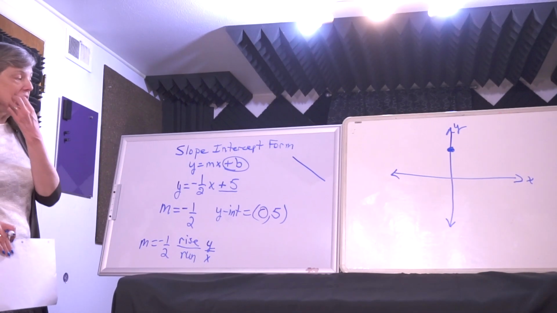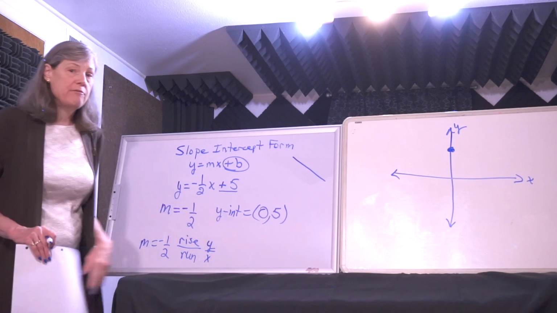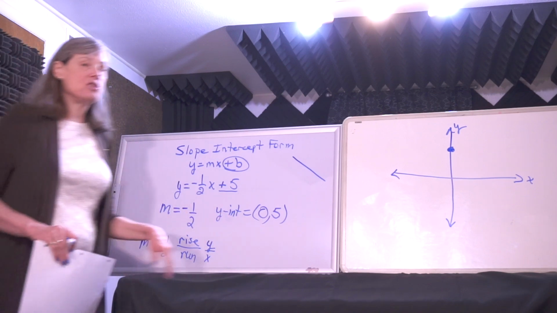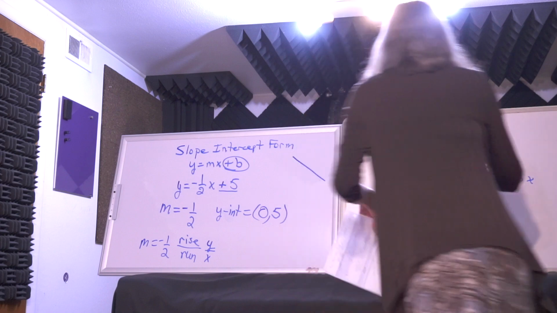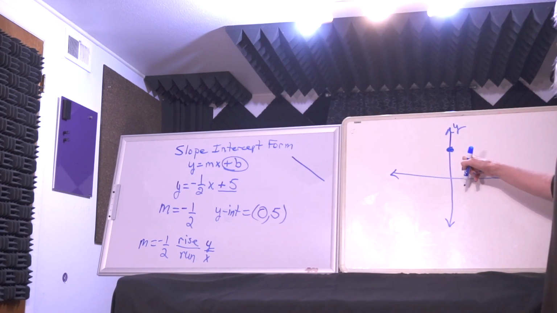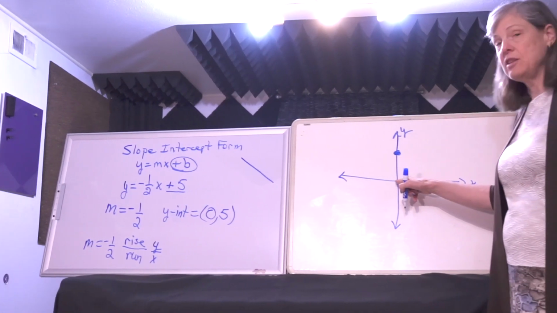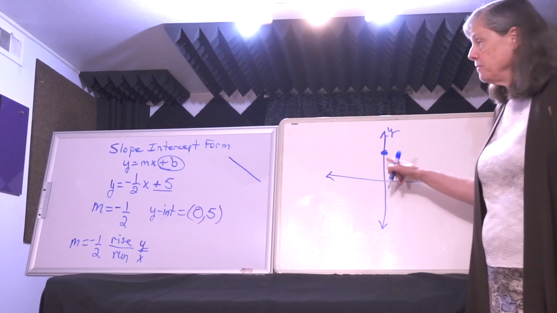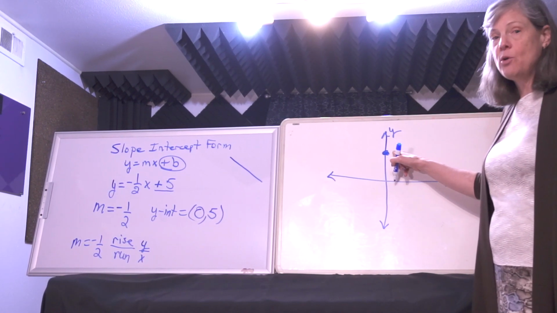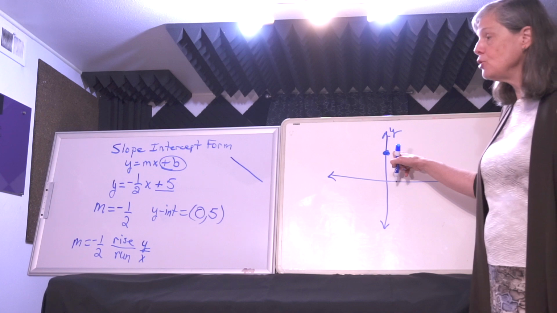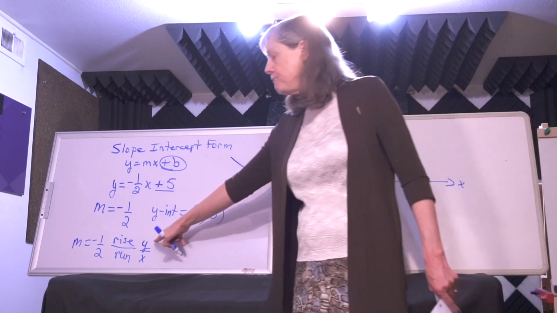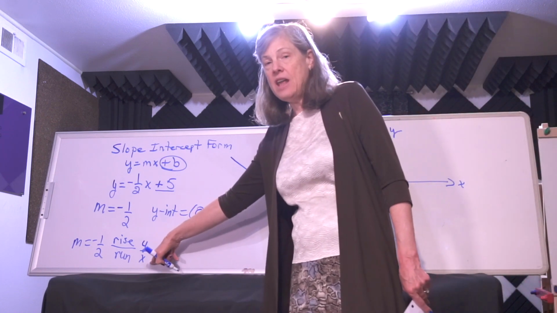So when we are using slope, we do it a little bit differently than just graphing a point. First of all, we do not start at the origin. We start at the point we just made, unless our point was at the origin, then we start at the origin. But other than that, we always start at the point we just made, and now we're going to do y first and then x.